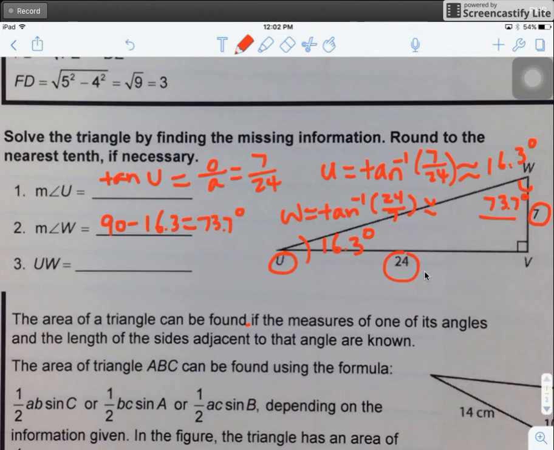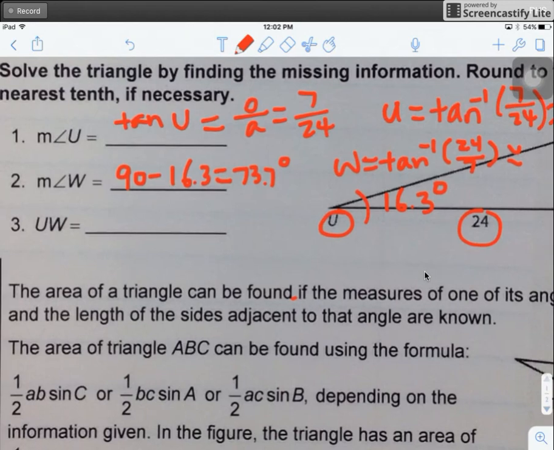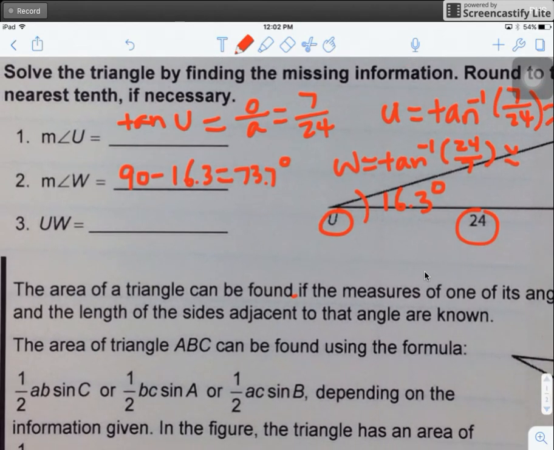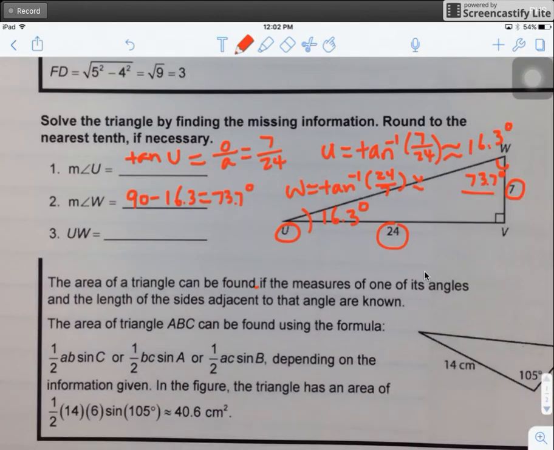Finally, we're asked to find the length of UW, and that is the hypotenuse in this triangle. And so our good old friend, the Pythagorean theorem, will come in handy. So we have one side squared, 7 squared plus 24 squared is equal to UW squared. And working out the math, we have 49 plus 576 is equal to UW squared.